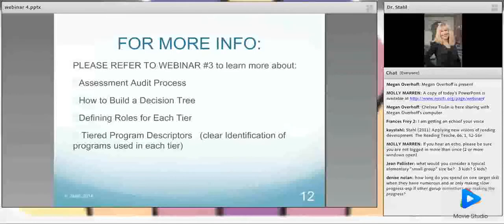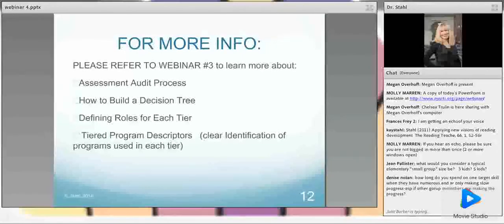For more information about the assessment process, how to build a decision tree, and defining the roles that each tier has, please refer back to webinar number 3. Our webinar last week addressed how schools might want to refine what assessments they're administering, how to make sure that all teachers who need to be trained in particular assessments receive that training, and then how to divide up who is going to do what. How are we going to communicate the data to each other?